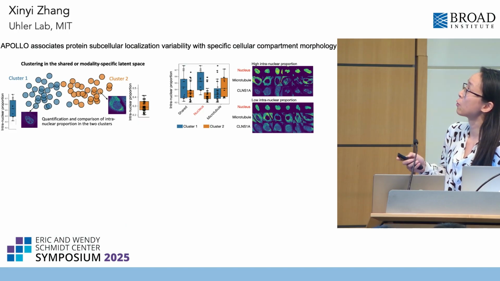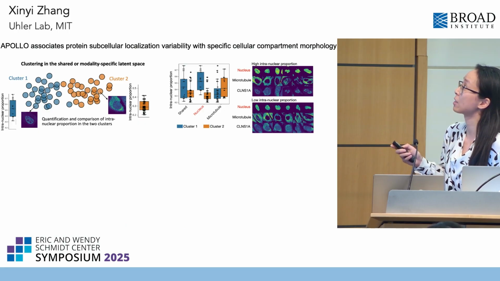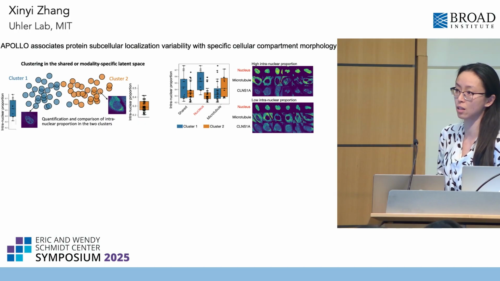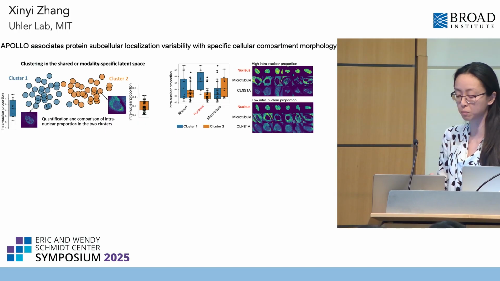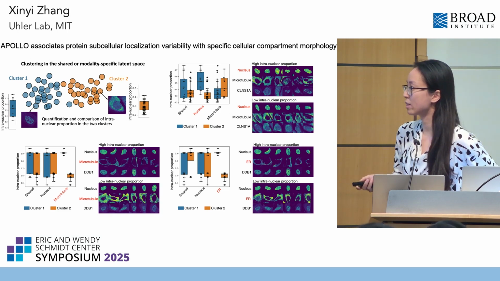Specifically, if we look at the high intranuclear proportion cells versus the low intranuclear proportion cells, there's a significant difference in their nucleus morphology, and more specifically, the cells with high intranuclear proportion of this protein have a higher content of heterochromatin.